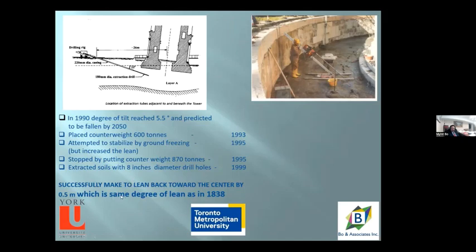Using this method, the tower was successfully made to lean back towards the center by 0.5 meter, which is the same degree of lean as in 1838. So the tower will be safe for maybe another 2 centuries.